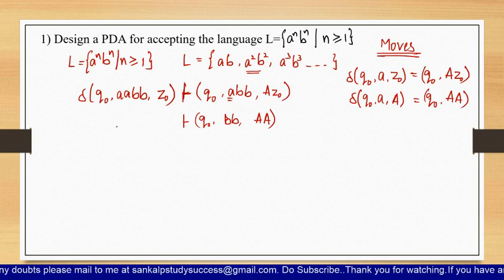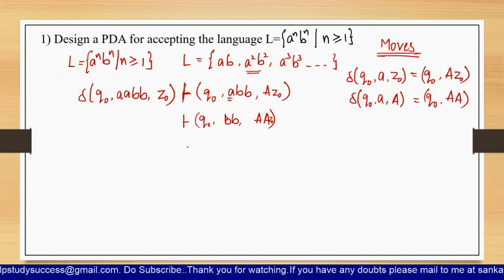Now, what are we going to do? Here, A is on top of Z0, let us write it here. Now, there is a B here. You need to process B. From Q0, if you process B, let us go to another state Q1, because we are processing a different input symbol.